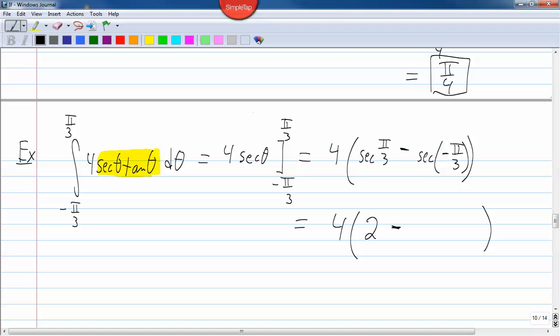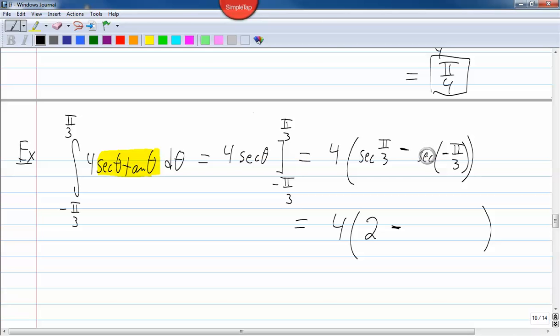Alright, anytime you evaluate a trig function at a negative angle measure, or most times when I do, I use the even-odd properties. The even-odd properties for sine, cosecant, tangent, and cotangent say that if you take the sine, cosecant, tangent, or cotangent of a negative angle measure, that's equal to the negative of that function evaluated at the positive of the angle.